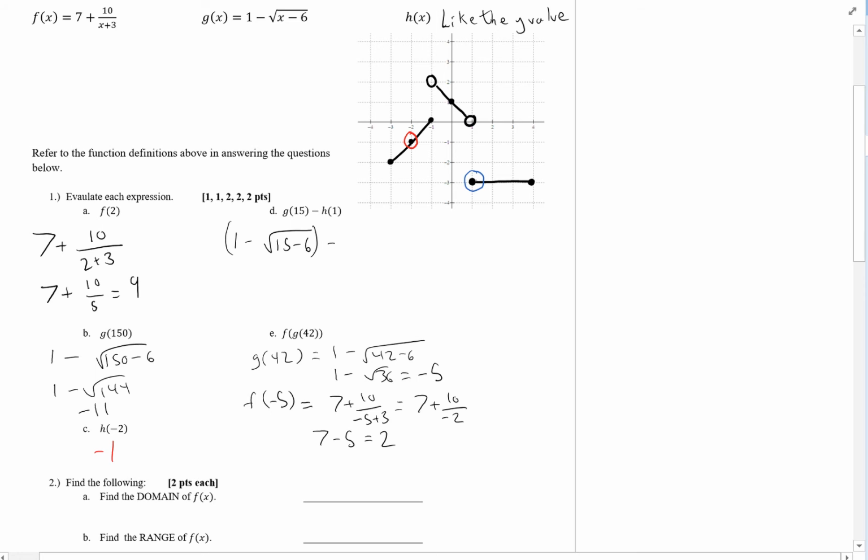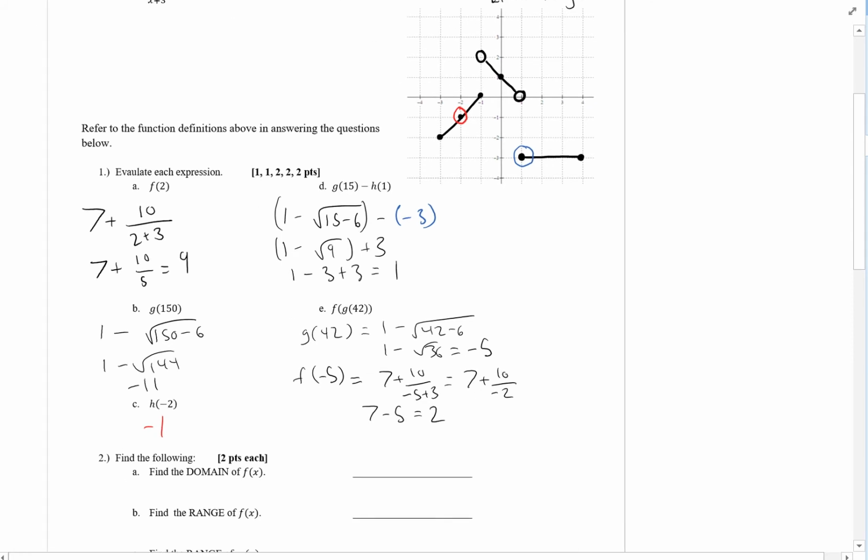This is the hole. This is the point that is actually in the function. So when x is 1, the y value of h is negative 3. So we can plug in negative 3 for that, and then this we can evaluate. 1 minus root 9 minus negative 3 is plus 3. 1 minus 3 plus 3 is 1.